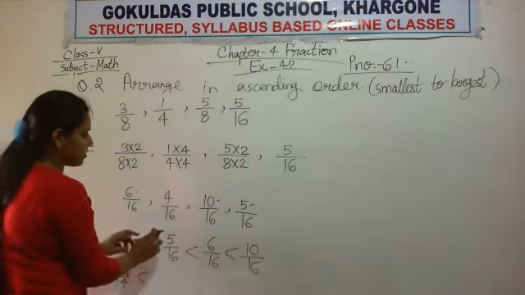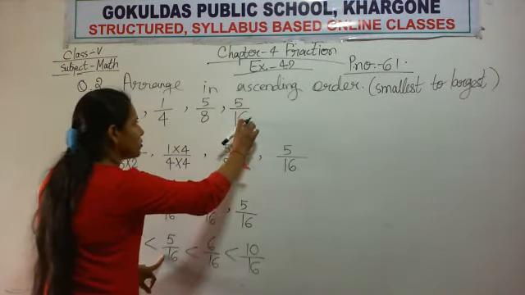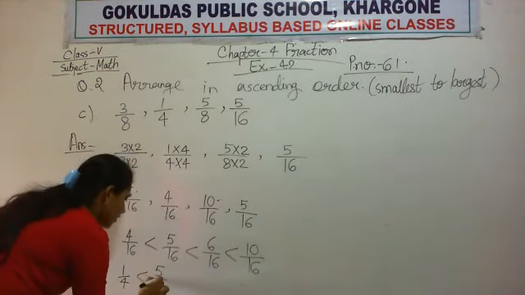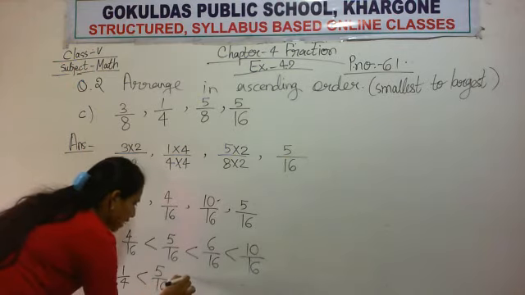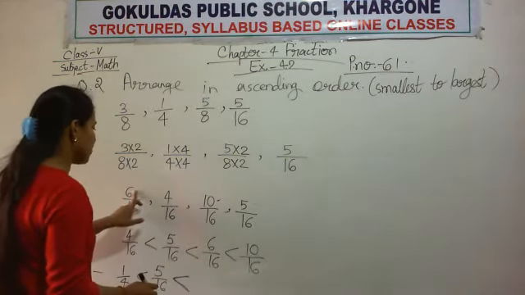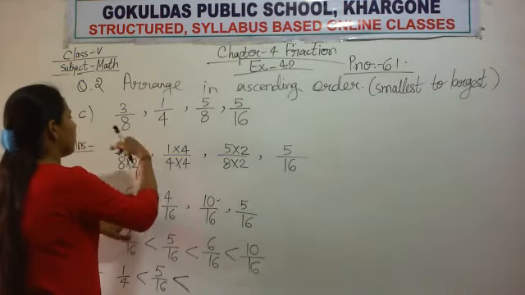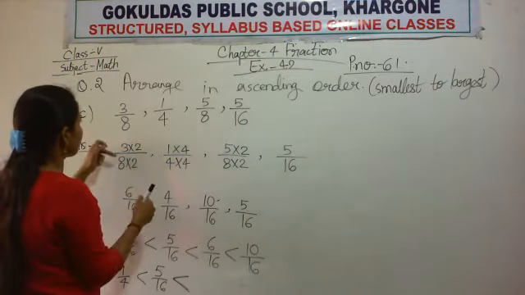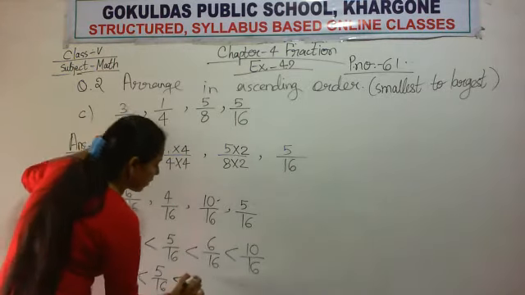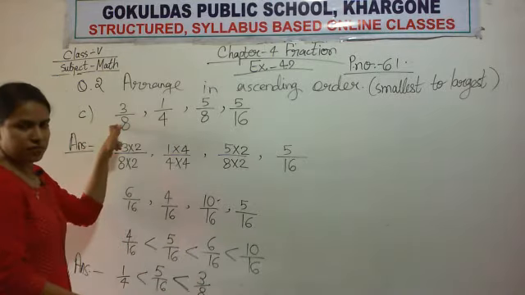Then 5 upon 16, so write 5 upon 16. Then the sign. Then 16 upon 16 we got from this, which is 3 upon 8. So we will write 3 upon 8 at the place of 6 upon 16.